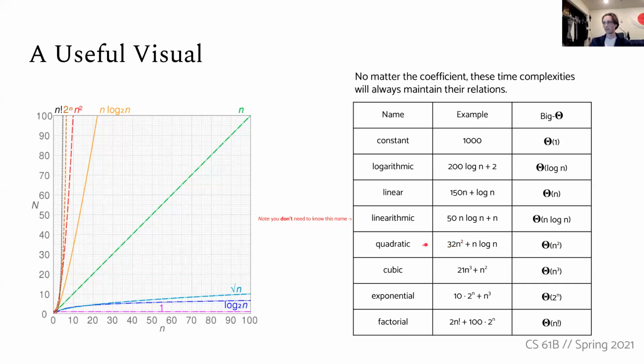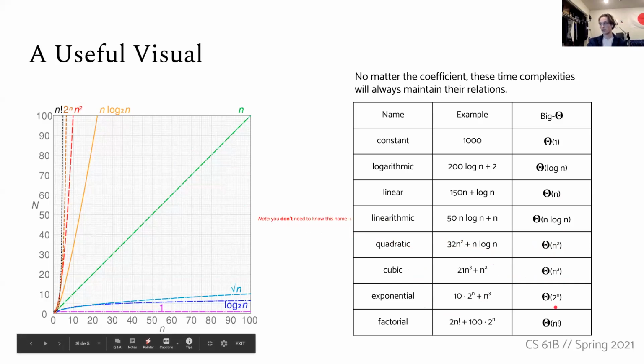So we would say this function is contained in big theta of n squared. Moving on to cubic, that's n cubed, greater than n squared. Exponential is going to be some constant raised to the nth power. It doesn't necessarily have to be 2, but we just have 2 here for our example. And then the greatest one that we'll look at for now is factorial, and that's just n factorial.